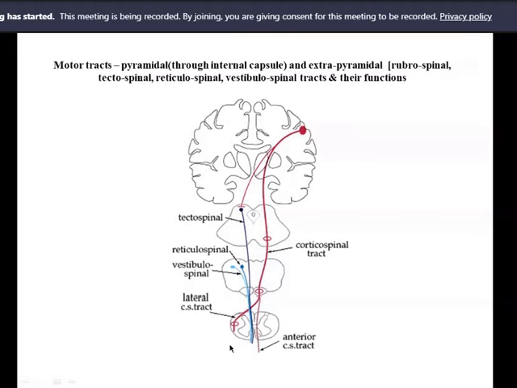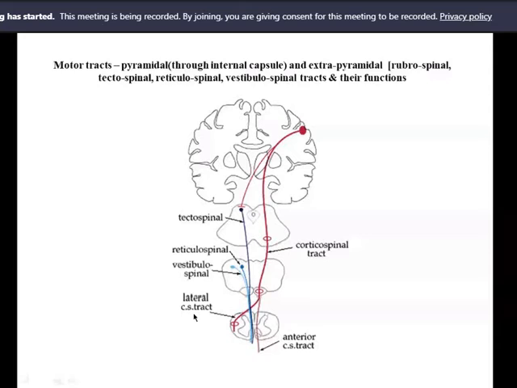Now you see the codes. For a tract, first you have to know the origin, then the track, and then the termination. The pyramidal tract goes laterally, so it is the lateral corticospinal tract.